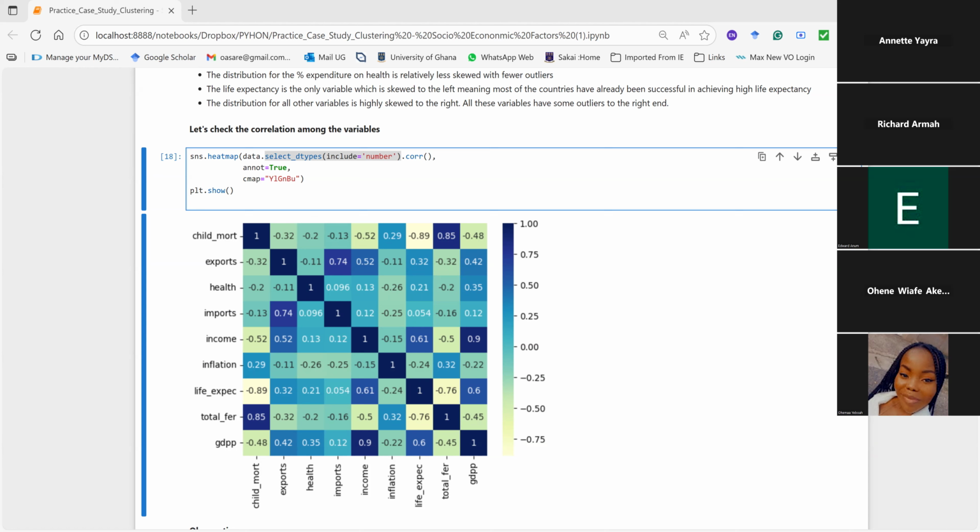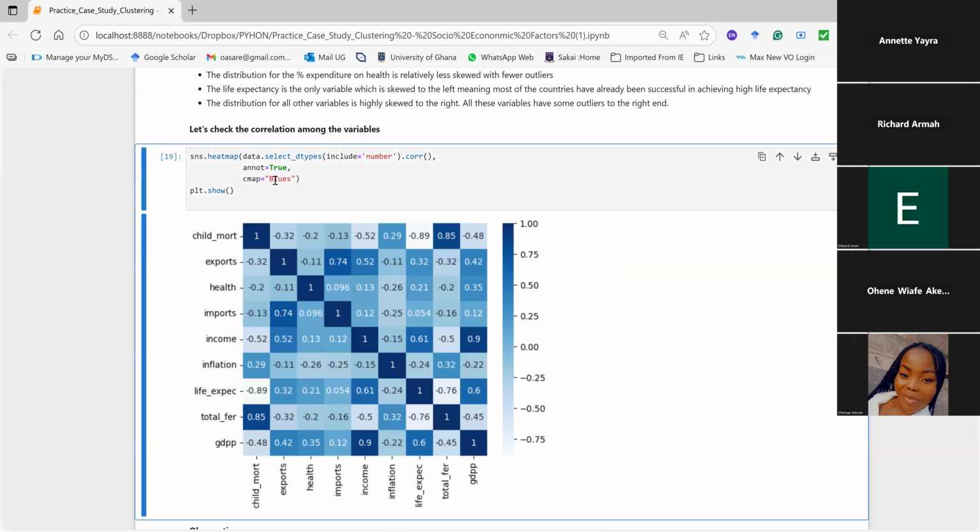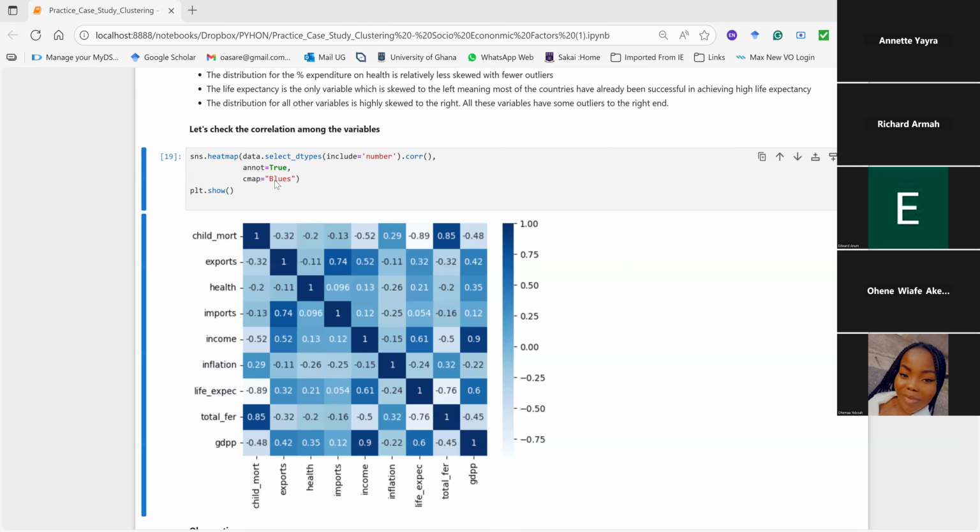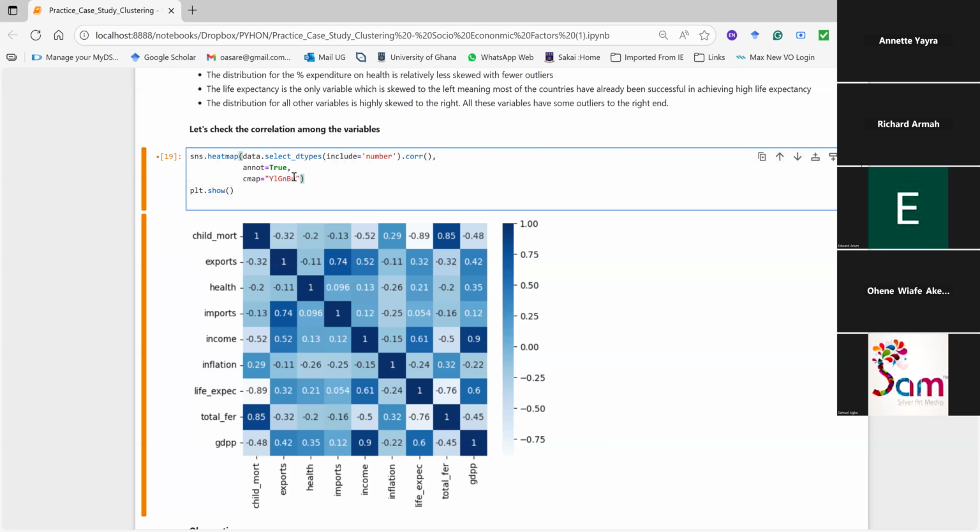Now remember that for the cmap, you can change it. You can change and use something like blues. Blues will give you something like what I'm showing you here. So you can use different kinds of color schemes for it. You can even use greens.